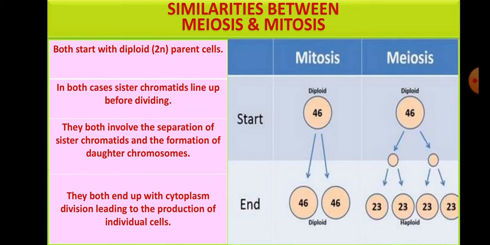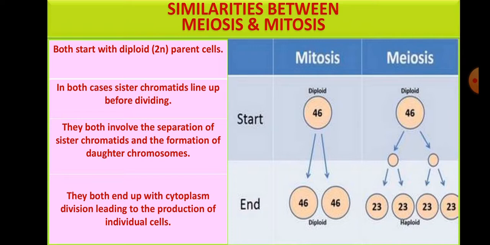So if the cells of the body tissues of this organism are undergoing cell division, they undergo mitosis, and the same diploid parent cell will divide into two new daughter cells and will have the same count of 46 chromosomes. But if in the same organism, the reproductive cells undergo cell division, they will follow meiosis and will divide twice, as a result of which four gamete cells will be produced containing half the number of chromosomes, that is 23.